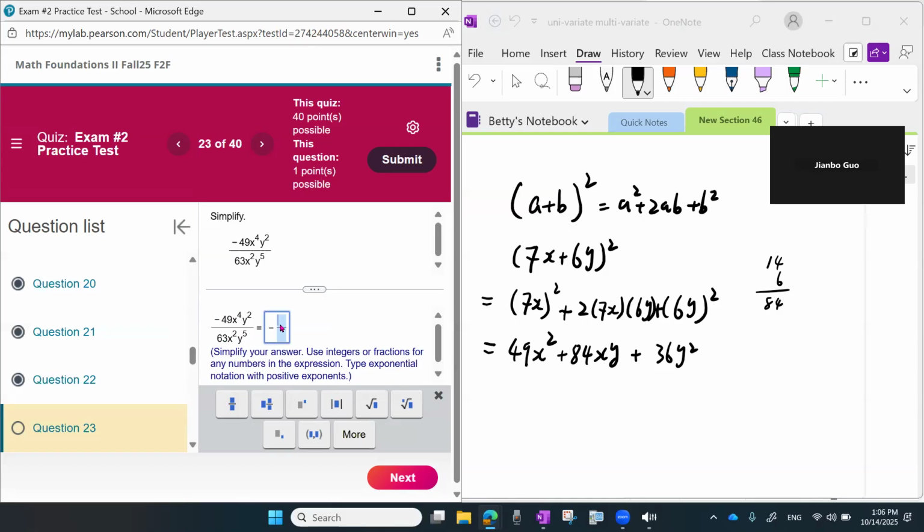So divided 49 by 7, we have 7. Divided 63 by 7, we have 9. And we have x to the power 4th in the numerator. We have x squared in the denominator. So we will have x squared in the numerator, because the two x's in the denominator will be cancelled, right? And 4 minus 2 by the quotient rule, we have x squared in the numerator.